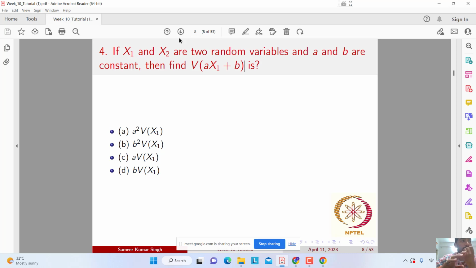Sorry, please say again. Okay, just look there. If you have to find the variance of x1, what will you write? So arrange it that way, with whatever terms you are getting.